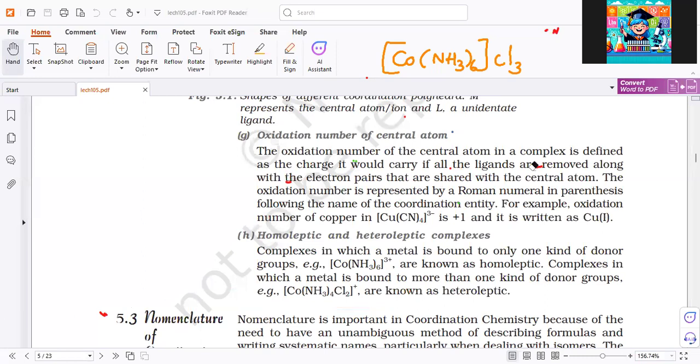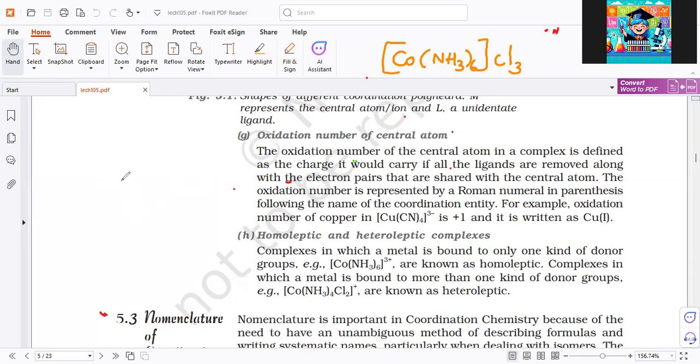Now coming to the next term, that is oxidation number of the central atom. Oxidation number of the central atom is defined as the charge of that metal in a coordination sphere if all the ligands are removed, taking the shared electron pair with them.